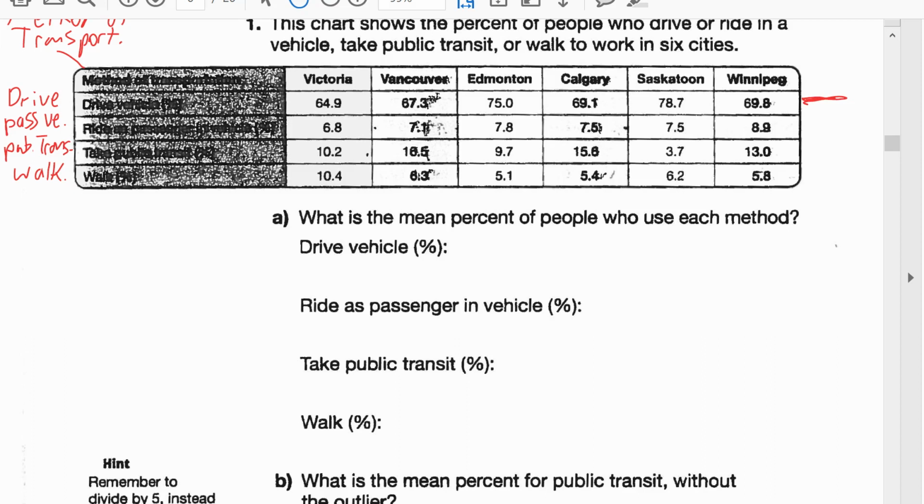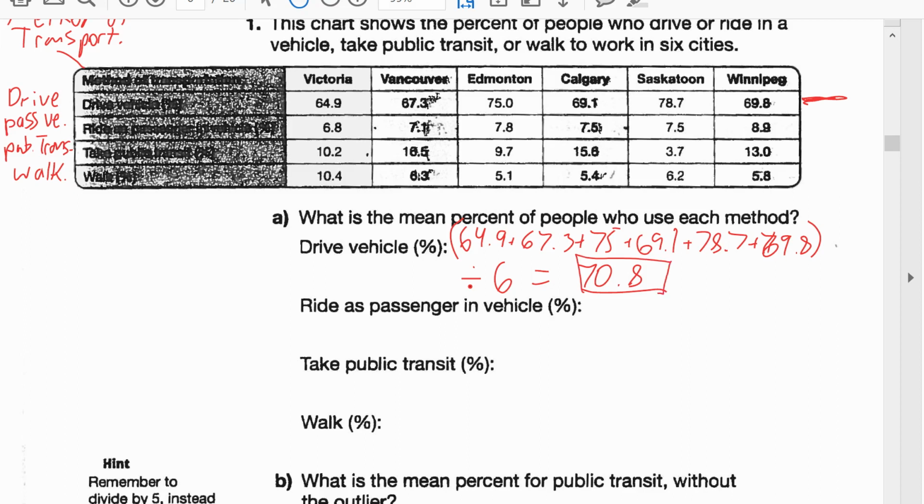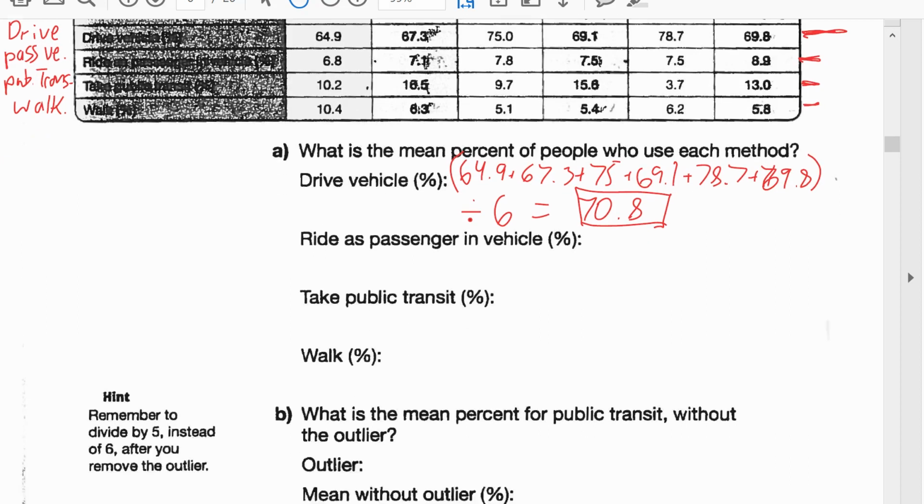So that's 64.9 plus 67.3 plus 75 plus 69.1 plus 78.7 plus 69.8, all divided by 6, and we get about 70.8. So you do this for the next one, which is ride a passenger, then take public transit, then walk, and let me know what you get.